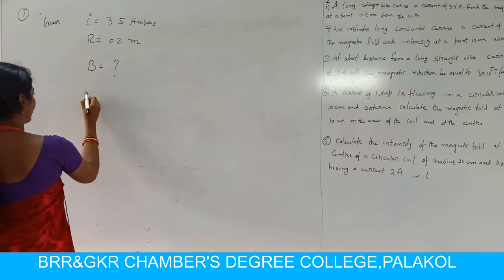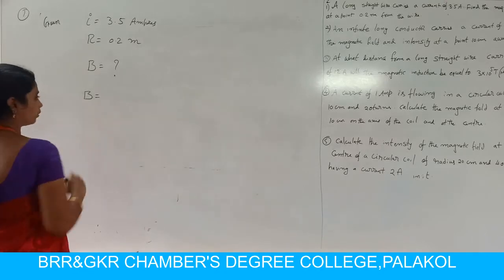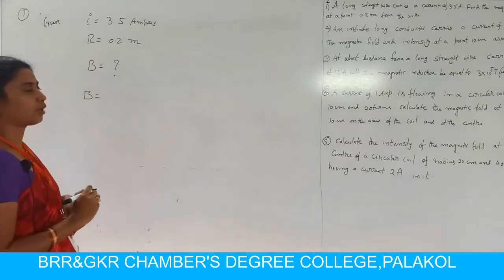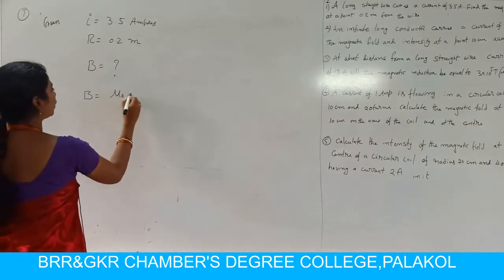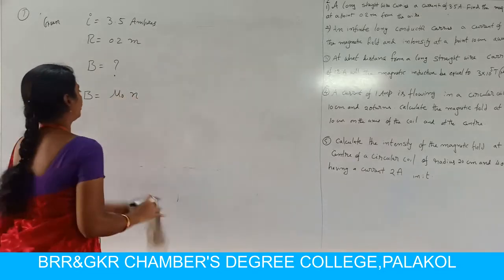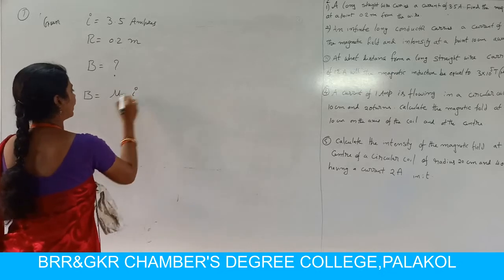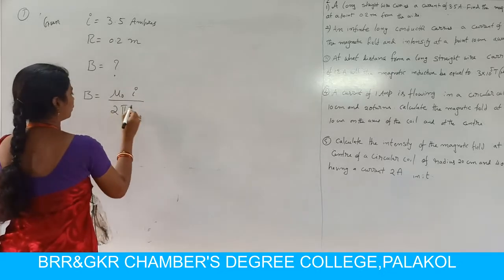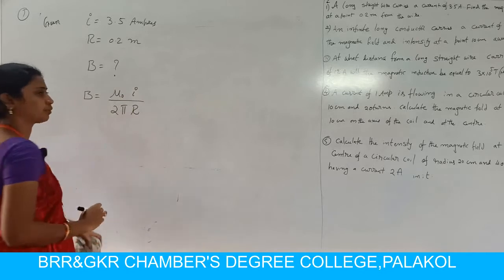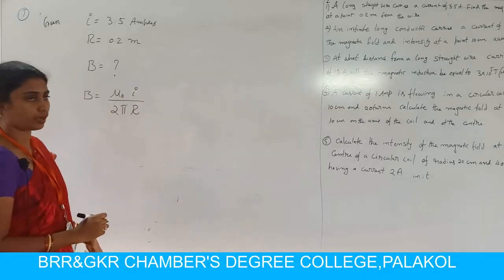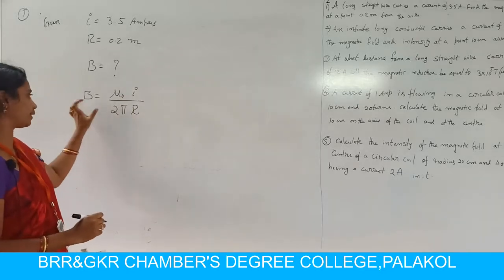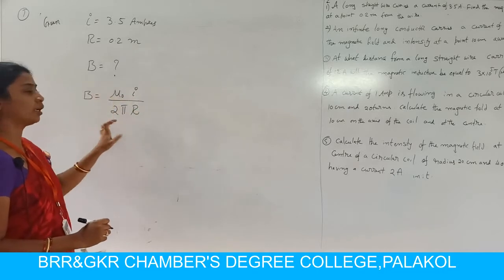The formula for magnetic field induction for a straight wire is B equal to mu naught I by 2 pi R. We already calculated this.